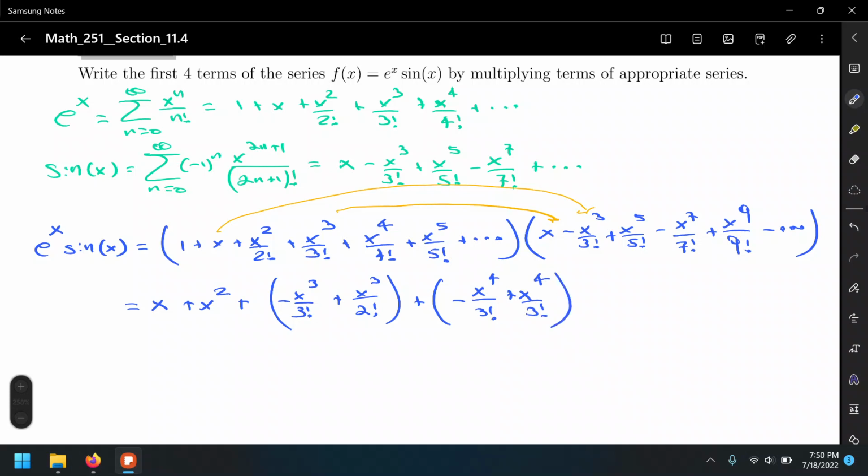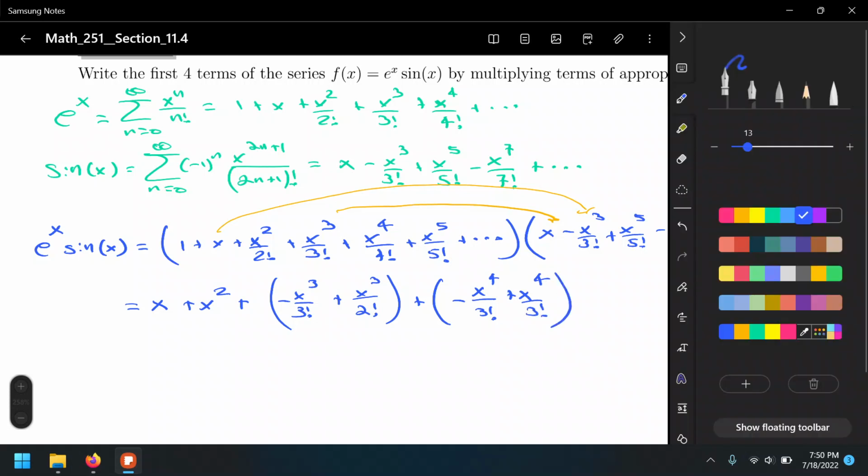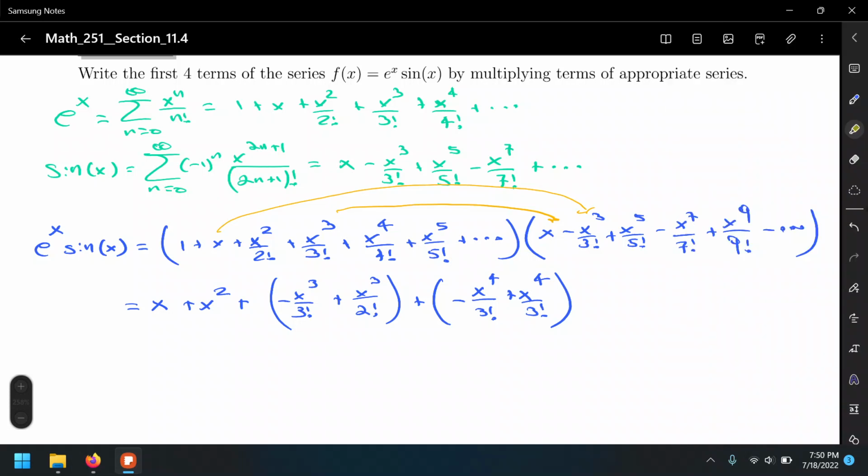Notice in this case they're asking us for the first 4 terms of the series. So here that'll be the first term, the second term, whatever we get from here will be the third term, and whatever we get from here would be the fourth term. Do we agree with this?